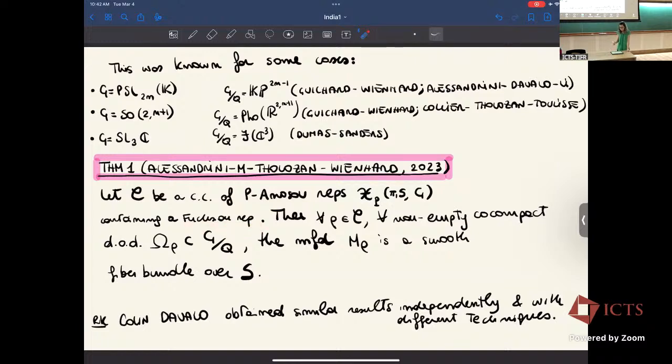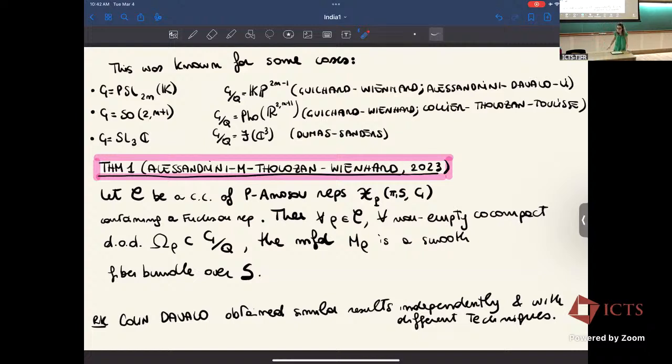So this is a mild condition because most of these components contain Fuchsian representations, but there are these exotic components where all the representations are Zariski dense, so you don't have any Fuchsian representation.